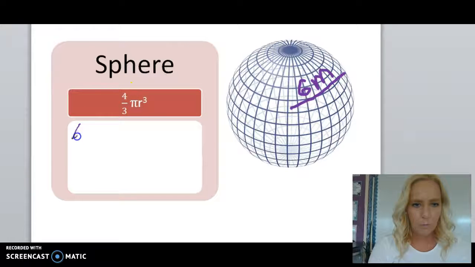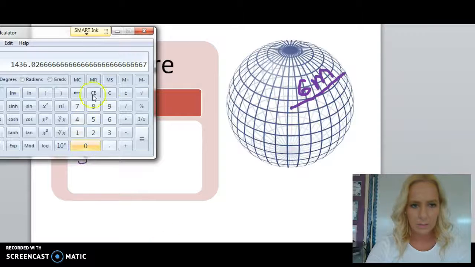So we're going to do 4/3 times pi times 6 cubed. This says 6 cubed. Okay, so I'm going to first take care of pi times 6 cubed.